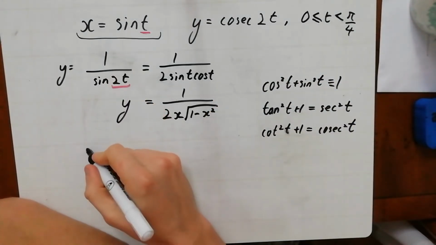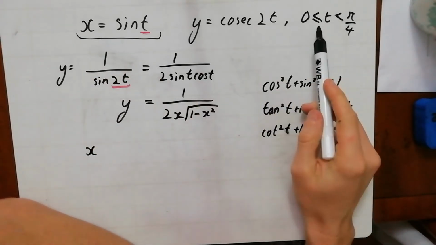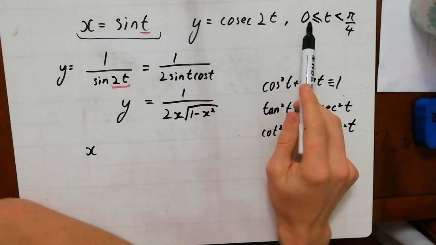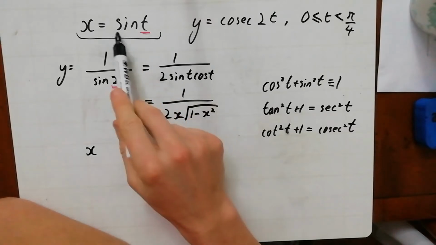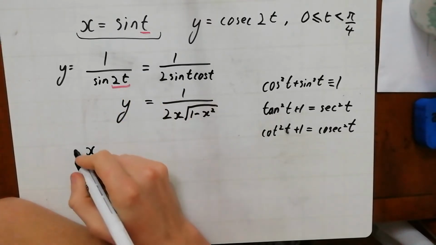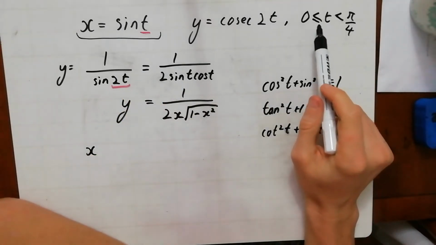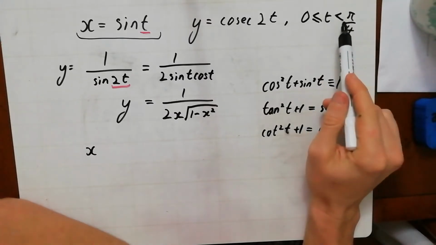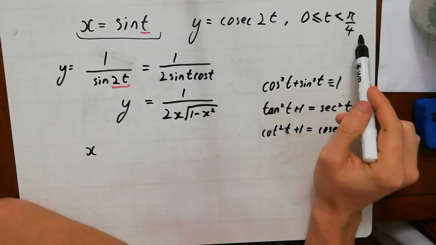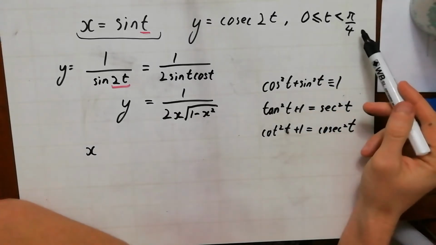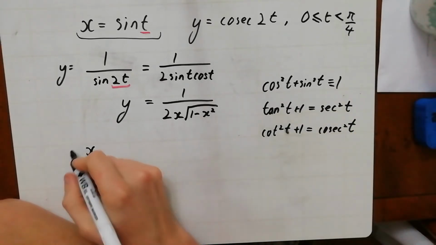So looking at this, as t starts at 0, I know that sine t is 0 at that point. And then t goes all the way up to just about pi over 4. It cannot be pi over 4, but it can get as close as we want to it.